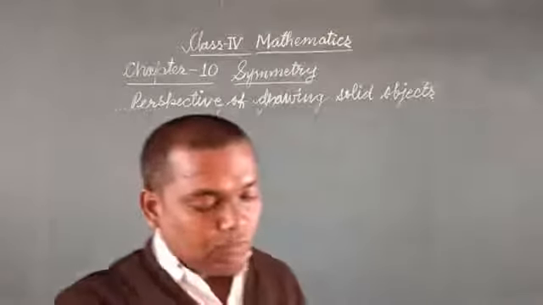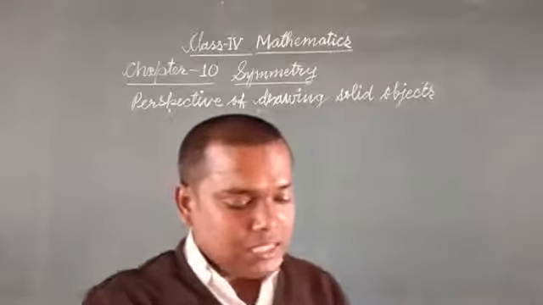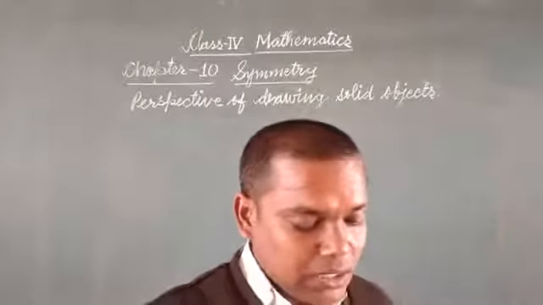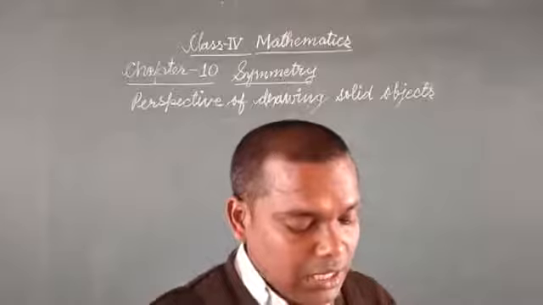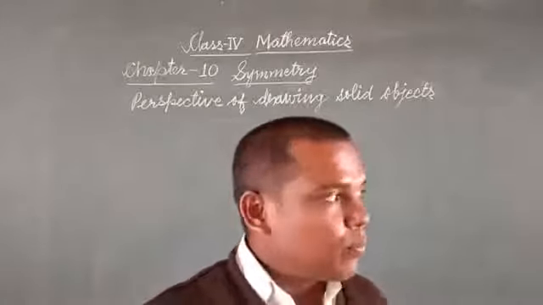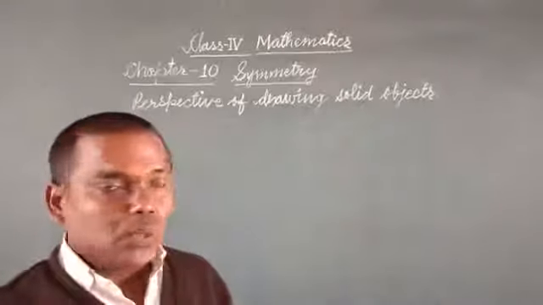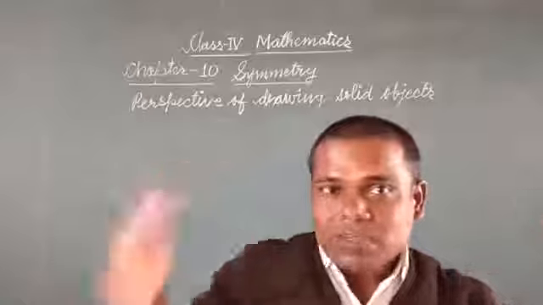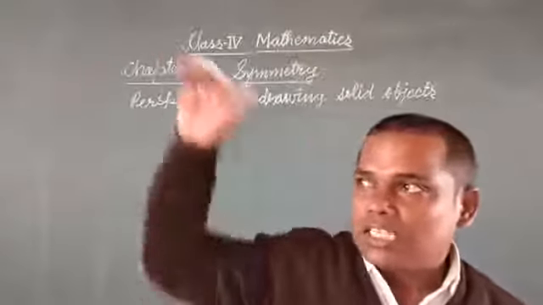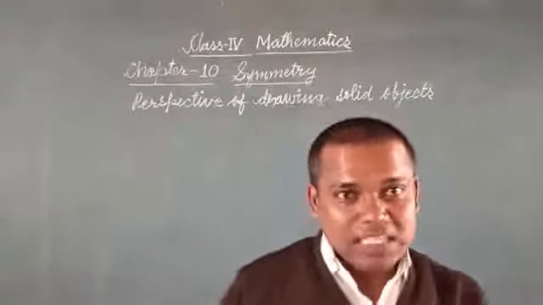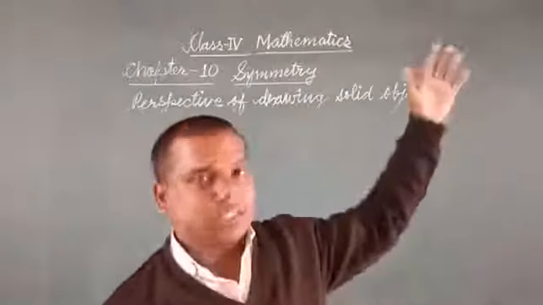We can observe that as any object goes farther from our eyes, it looks smaller. You also know that when we see outside, it seems that the sky is going to touch the earth. It seems so when we see farther.